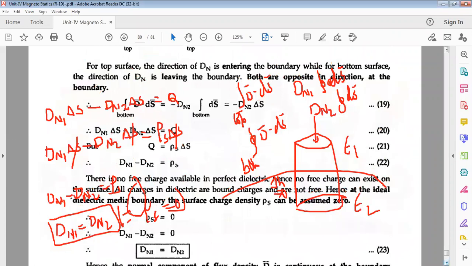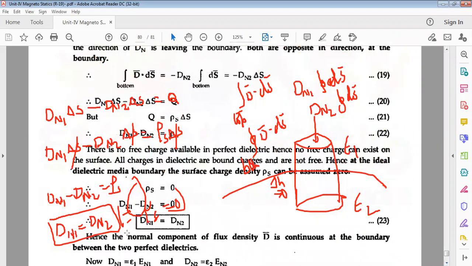So Dn1 is equal to Dn2. So this one is continuous now. Previously, the tangential components were continuous. Now here the normal components Dn1 and Dn2 are continuous. Hence the normal component of flux density D bar is continuous at the boundary between the perfect dielectrics. Now the relation between flux density and field intensity is epsilon 1 En1 is equal to epsilon 2 En2.